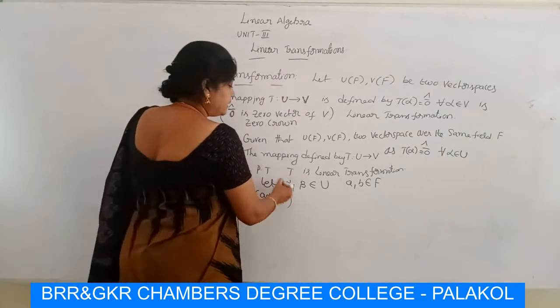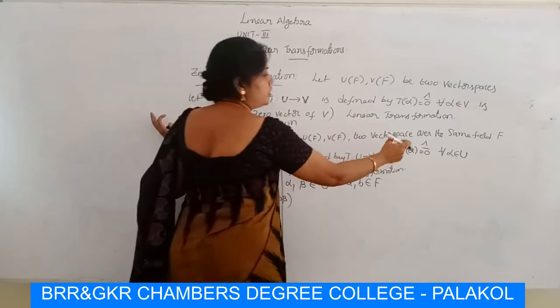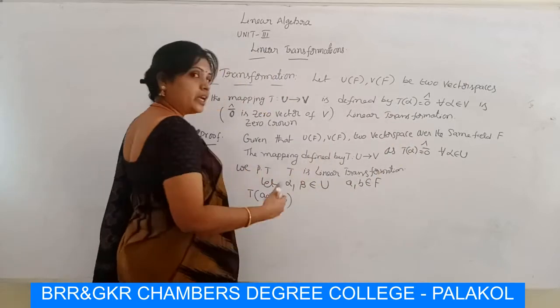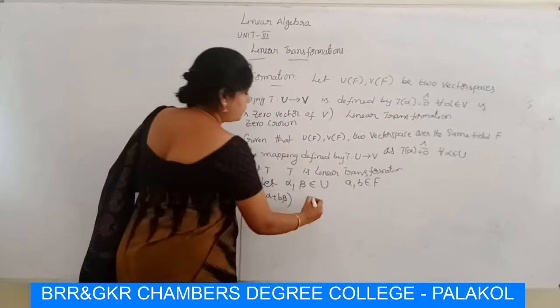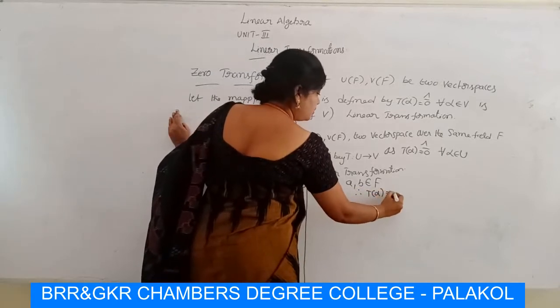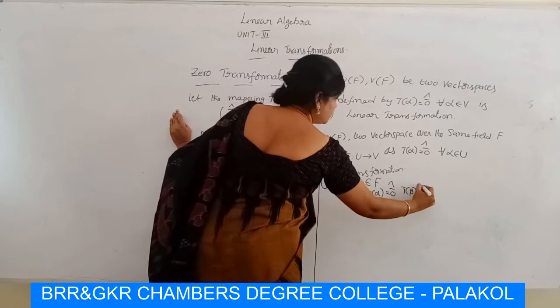Now by our hypothesis, every alpha has image 0 crown. So alpha beta also have images 0 crown. Therefore T of alpha is equal to 0 crown, T of beta is equal to 0 crown.